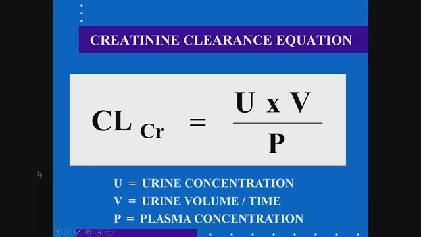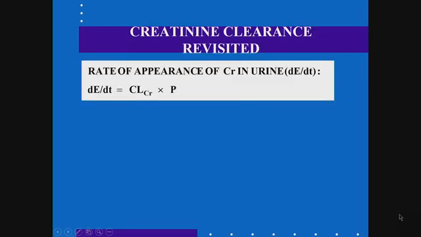So this is really a urine formation rate. And then P standing for plasma concentration of creatinine. Now, let's look at this again and think about the appearance of creatinine in the urine, the rate of appearance of creatinine in the urine, dE, think about excretion of creatinine, dE over dt.